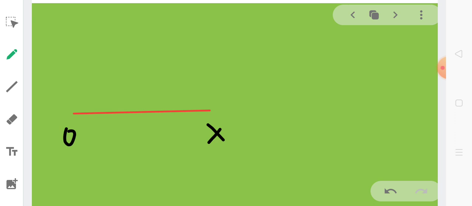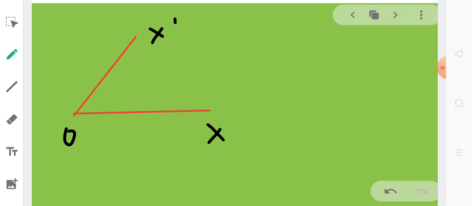Now, suppose OX is a straight line revolving about its one end O. After some time, let it reach a position OX dash. Suppose this is the position X dash. So the point X has moved up to X dash.